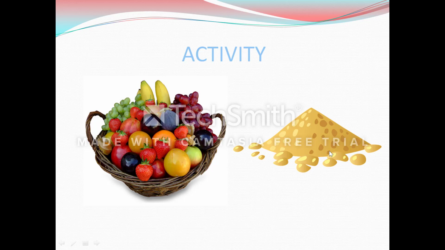Second activity is, here I have given you a mixture of sand and salt. Now you have to separate sand and salt from this mixture. Will you be able to do it? No. Answer is no. You won't be able to do it. Why? Why can you separate these fruits and you are not able to separate sand from the salt mixture?